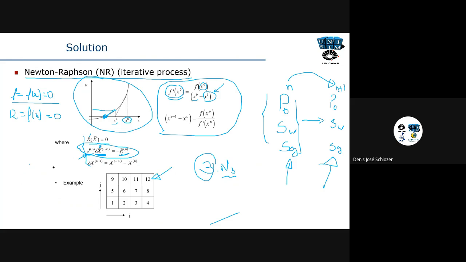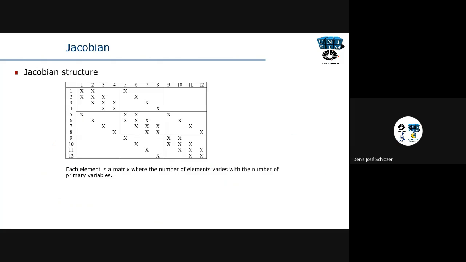Okay. So just as an example, let's assume that we have 12 blocks. We're going to end up with a matrix like this one, where here we have the equations, and here we have the variables. So in our case, we have 12 variables here because we have 12 blocks and 12 equations here.